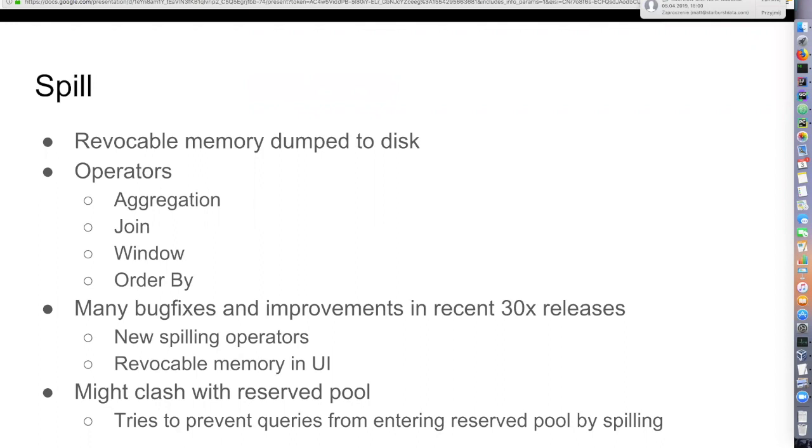So in cases when the reserved pool would be big and spill is enabled, we recommend disabling the reserved pool and leaving only spill, so that the queries progress much faster.